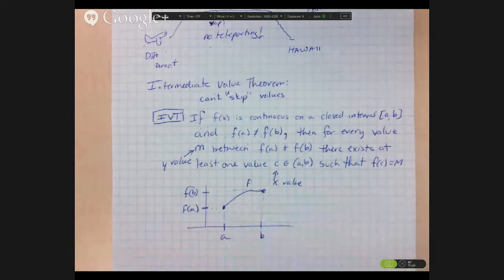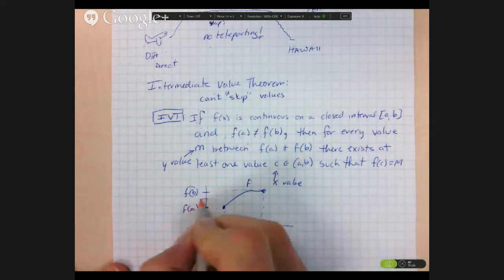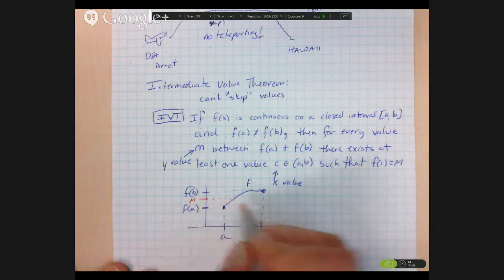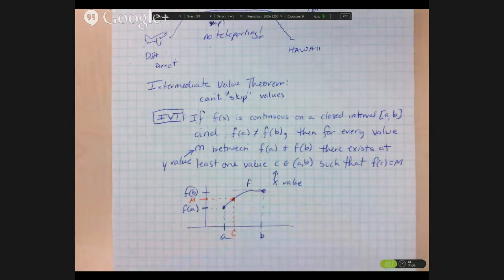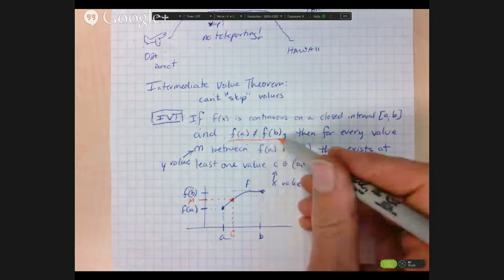Right, so there's a picture. That's what this theorem is saying. So in this closed interval, I'll let you copy it down. In the closed interval [a, b], notice that this has to be true.